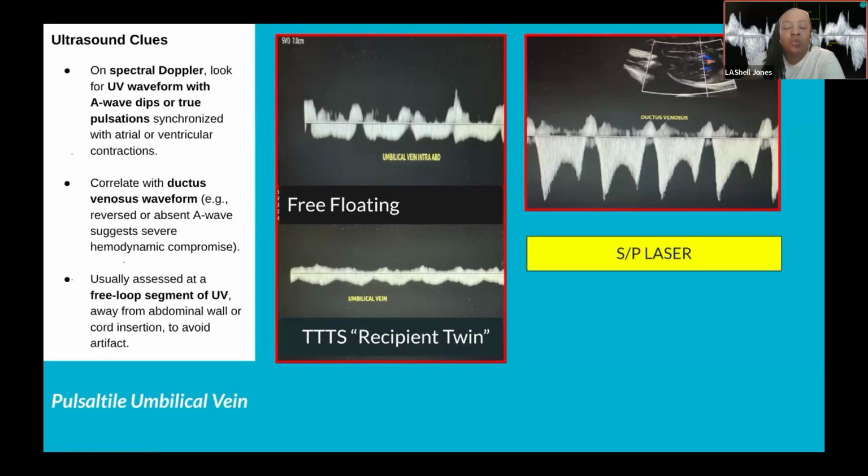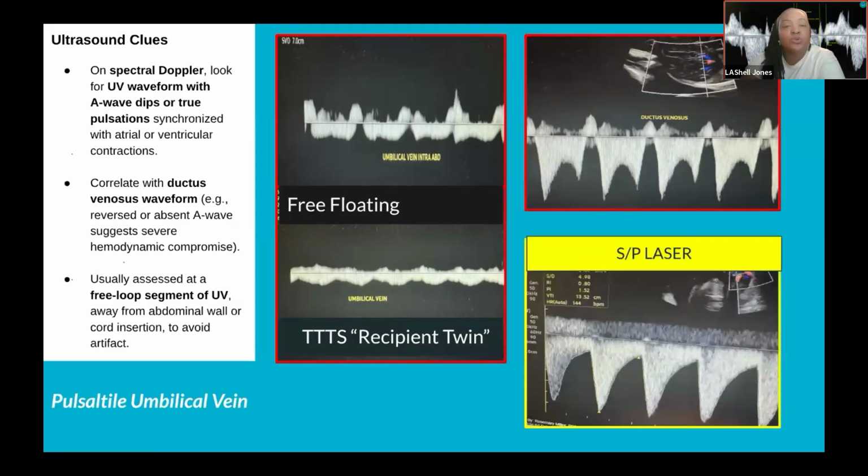And then we sent her off to have a laser treatment at a high advanced setting. She came back to us roughly about 10 days later, and notice we now have normal forward flow in the umbilical vein. So this was a life-saving treatment for these twins.